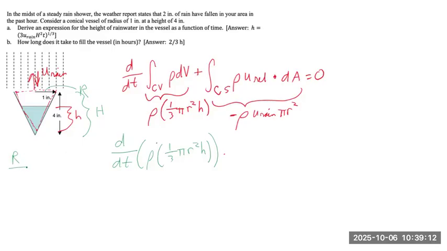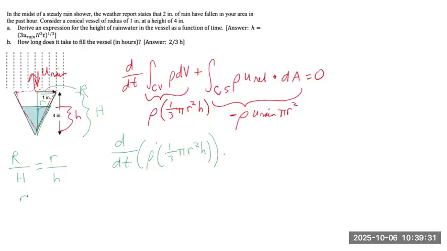So r over h is directly proportional to this radius, which is r, over small h. As you can see, it's similar triangles. So we have the big triangle over here and the little triangle over here.